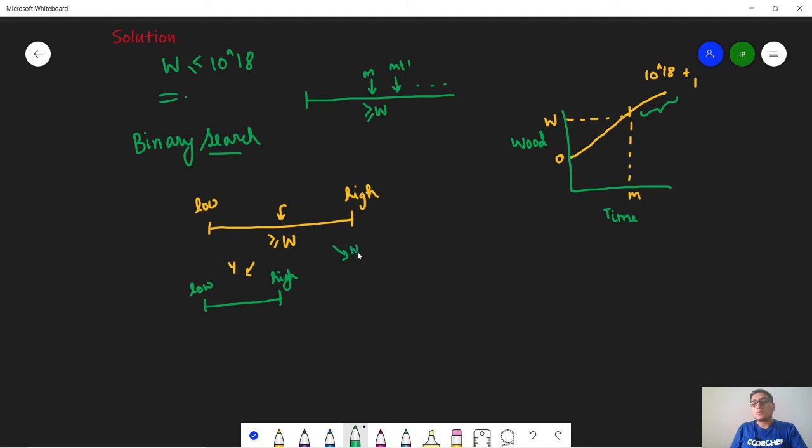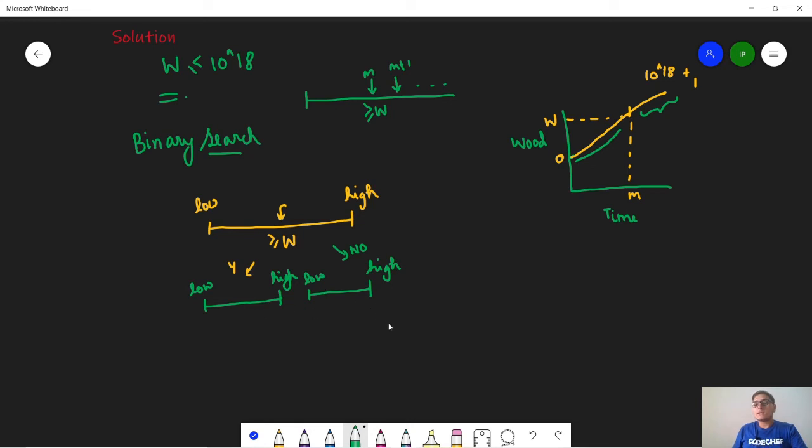But if the answer is no, that means that we are actually in this range. So to move towards the minimum month, we need to increase our lower bound. So high will remain the same, but we will update low to mid.